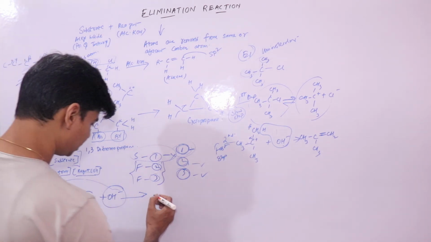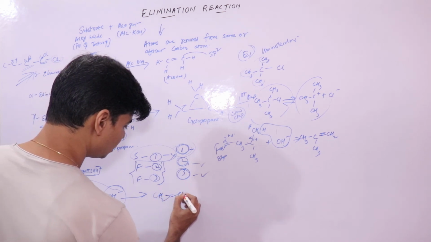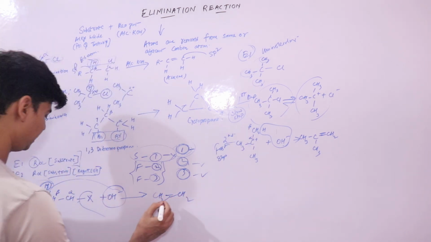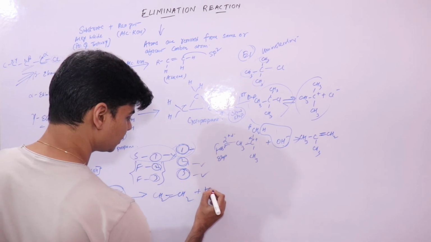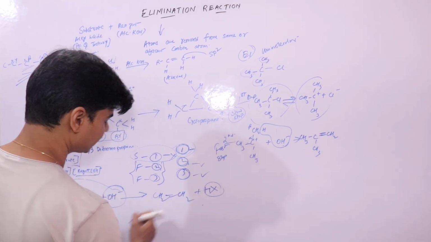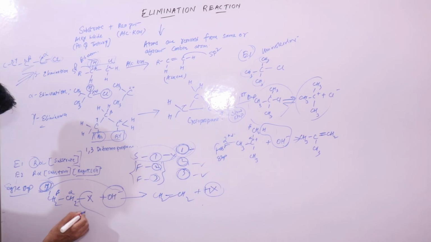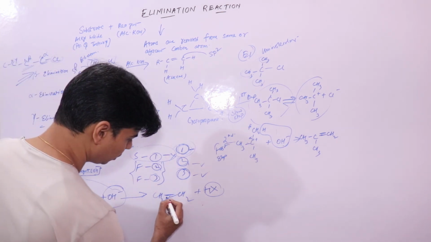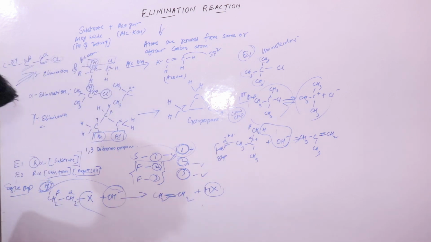So the product would be CH2=CH2, ethene, and the eliminated atoms would be HX. Sorry, here you have 2. So here you have got an unsaturated compound when this H and X are eliminated.